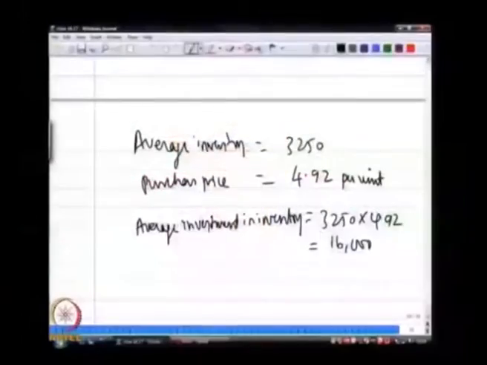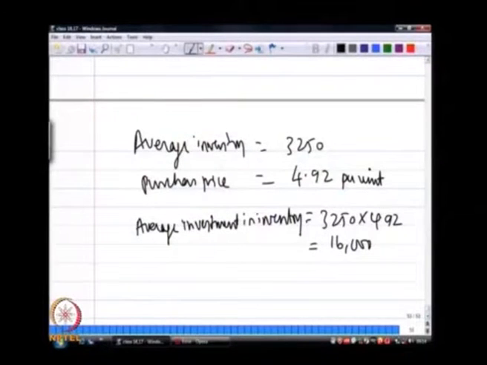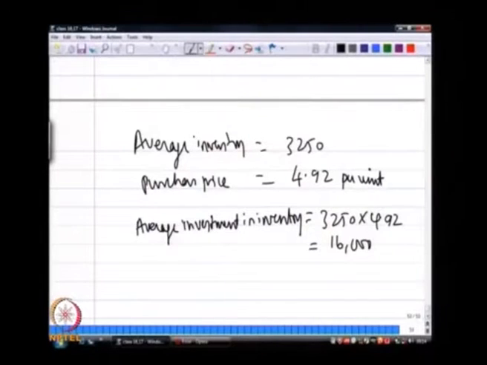So, let us say this working capital requirement I am financing through a bank loan. Suppose I am doing a working capital requirement analysis, I need to forecast what the working capital requirement would be. This gives me an understanding that the average requirement is 16,000, or it could be as high as 32,000, because the 3250 is the average inventory, but actually the peak inventory is 6,500.